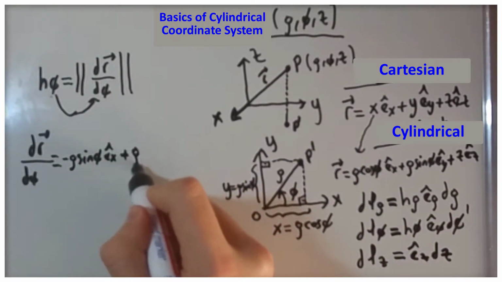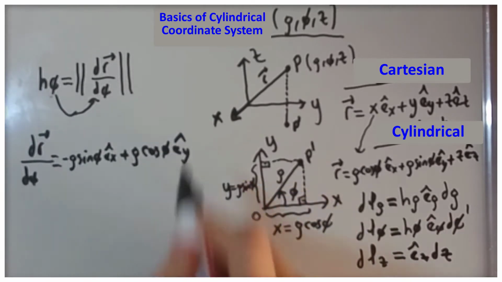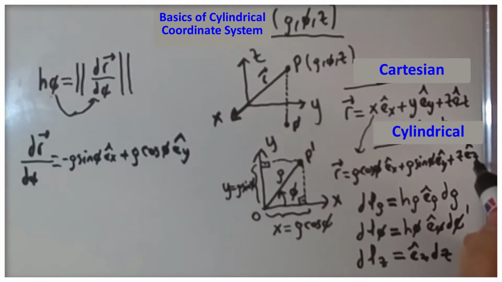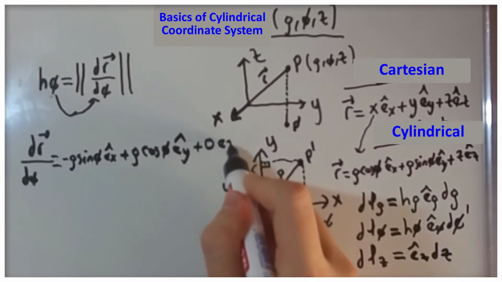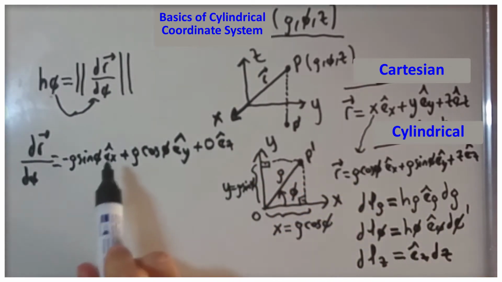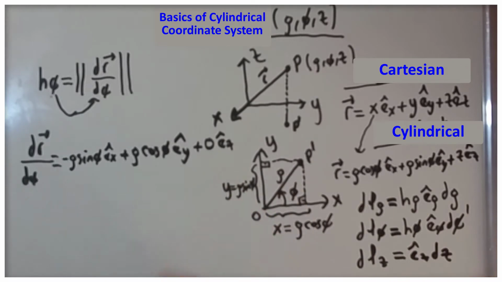Cos. Then rho cos phi ey. What is the derivative of z ez with respect to phi, guys? Is there anything connected to phi here, or can I automatically write 0 ez? But it's always useful to keep this setup, so it's to our benefit to keep the vectors.